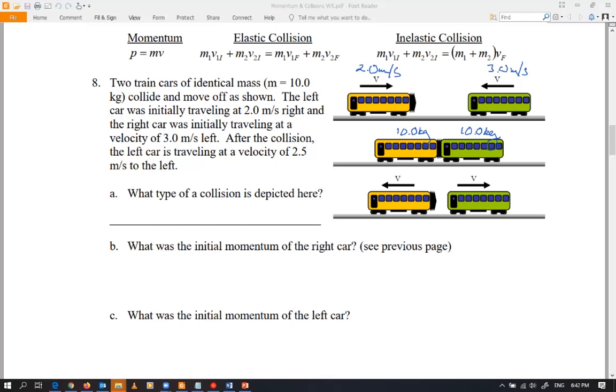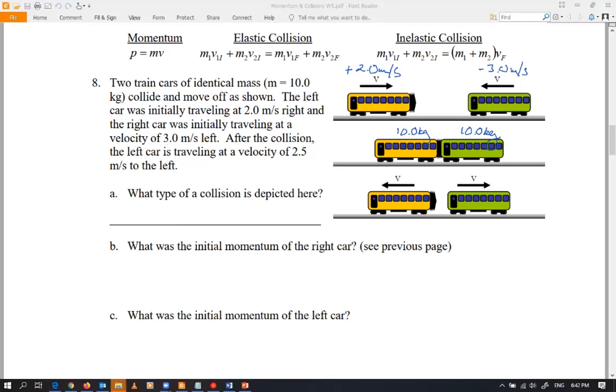Now, again, we need to determine what is a positive and negative direction. It is our tendency to say that right is going to be the positive direction, but I don't care if you use the other one as long as you're consistent, and that reflects when you do your answers. So I'm going to say that this is a positive and this is a negative direction.